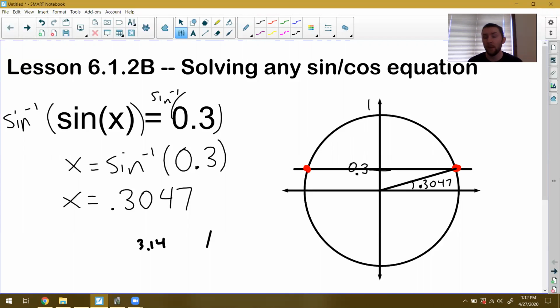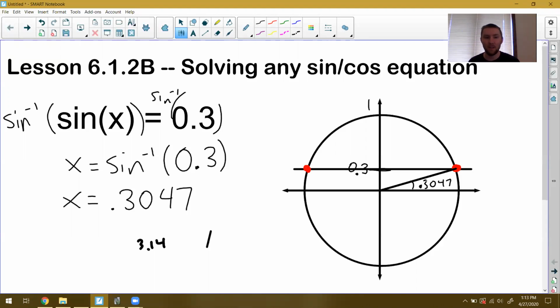Okay, so you will almost always see the answers from your calculator when you do a sine inverse be crazy decimals. We talked about the range in our last video. In this case, for sine inverse, it's always going to be between negative 1.57 and positive 1.57 because that's negative pi over 2 to pi over 2.